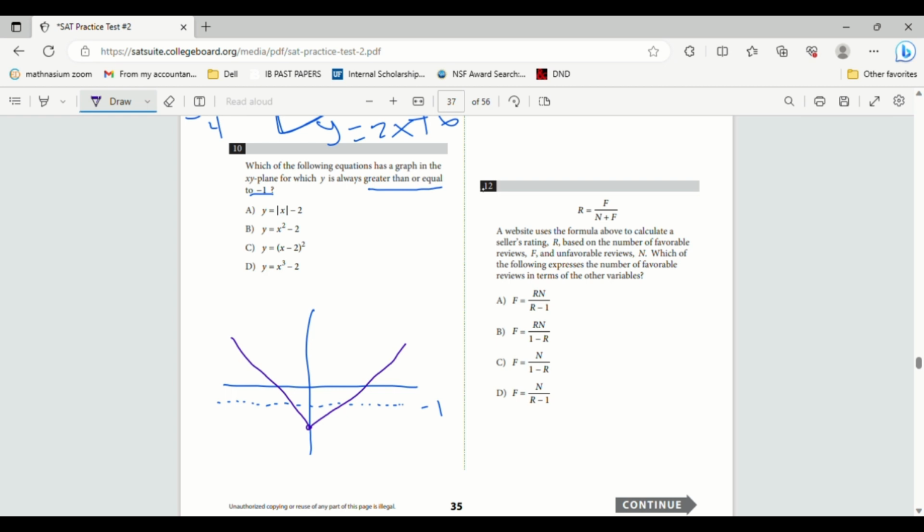And so it cannot be A. And for B, y equals x squared minus 2. Once again, we start at negative 2 down here, and then we curve up like a parabola. We again cross the y equals negative 1 dotted line, so it's not B.